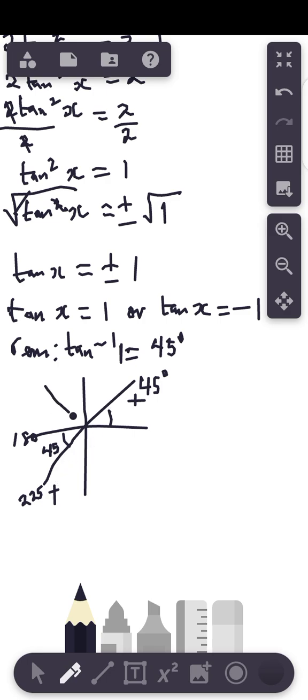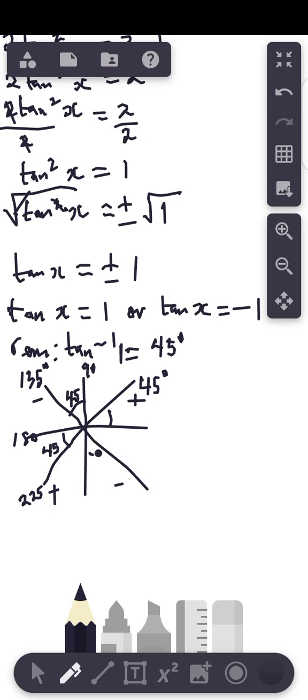Now, what about the second quadrant and the fourth quadrant? In the second quadrant, we are coming this way, 45 degrees, and right here we have 90. So if you add 90 to 45, you get 135. So the angle here is 135 and it is negative. Tan is negative in the second quadrant, tan is negative in the fourth quadrant.